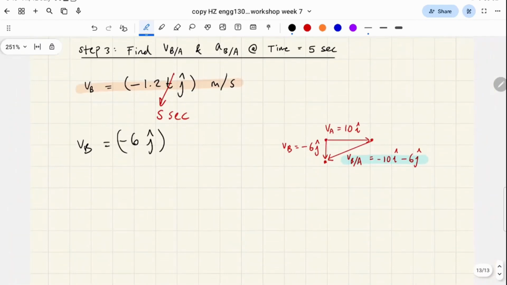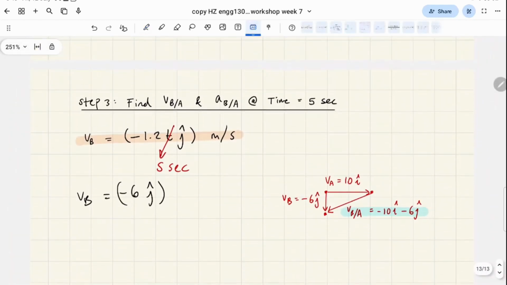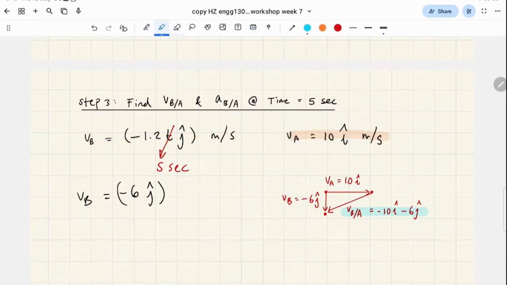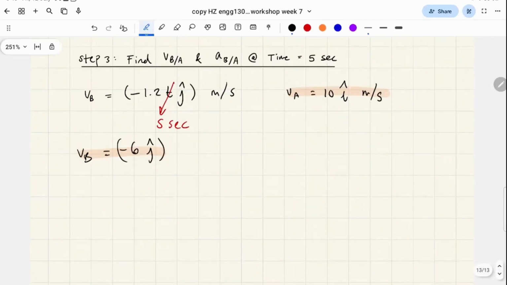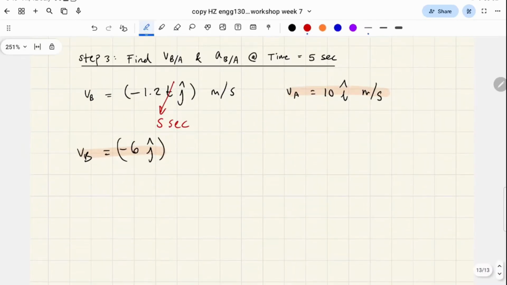And then for A, A is just this. A is always constant, so it was 10 going to the right. Let me erase this. Okay, here's the way you think about it, right?